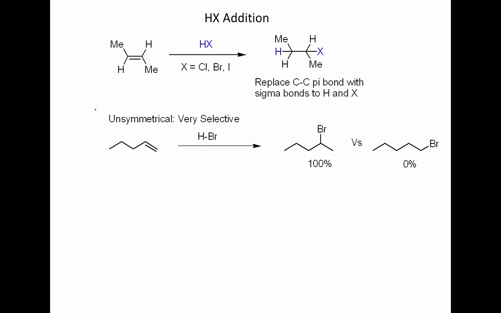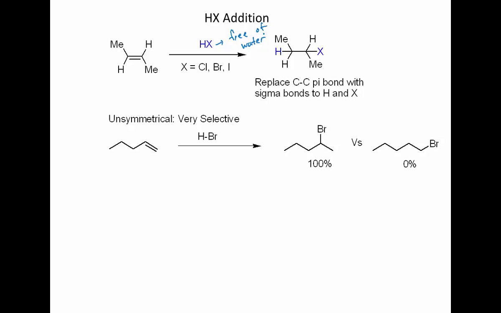Okay, here's another addition reaction we're going to look at: the addition of hydrohalic acids, HX addition. If we take HX, where X is Cl, Br, or I, we'll add hydrogen to one of the alkene carbons and the X group to the other alkene carbon. This HX usually has to be free of water. It's usually the gas that we're looking at.